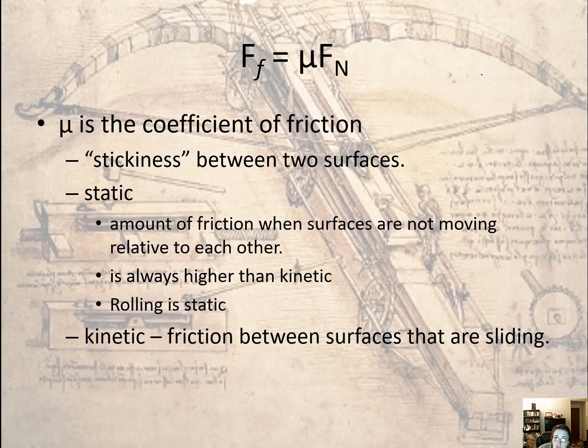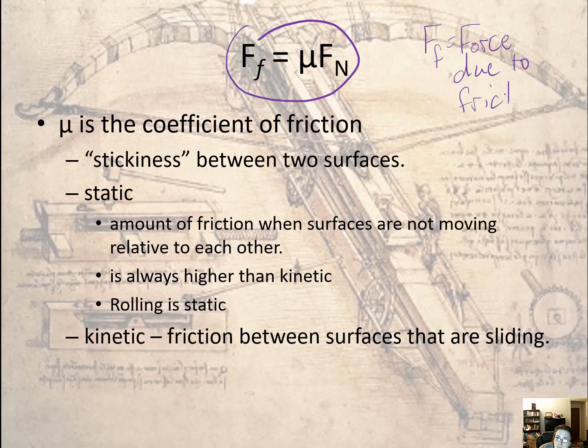So we have a new equation. It is the force due to friction is equal to mu Fn. The force due to friction we've seen before, this symbol. This is the force due to friction here, F sub F. And mu is the coefficient of friction.